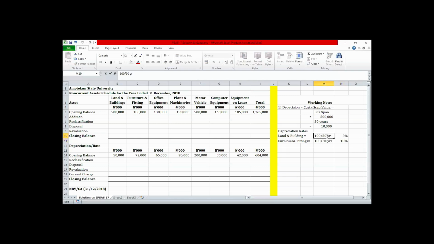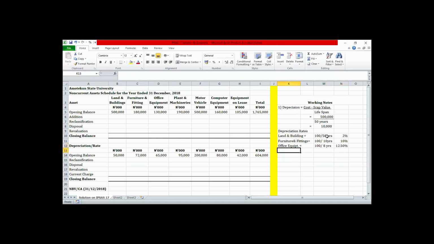The next one is office equipment. That one is how many years? 8 years. 100 divided by 8 gives us 12.5%.